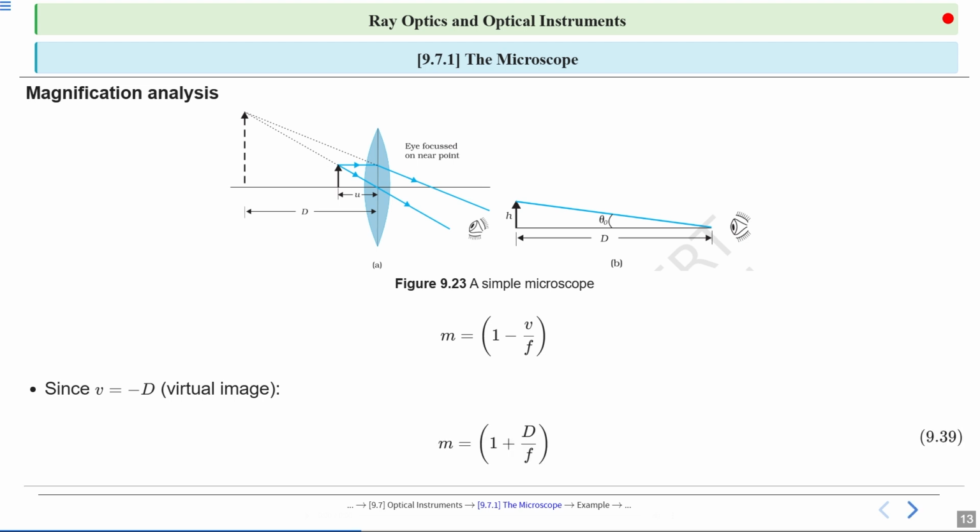Finally, we adjust our magnification formula to account for the virtual image: m equals 1 plus d by f. This is equation 9.39. It shows how the magnification changes when the image is virtual, emphasizing the role of the focal length and the least distance of distinct vision in determining the final magnification.